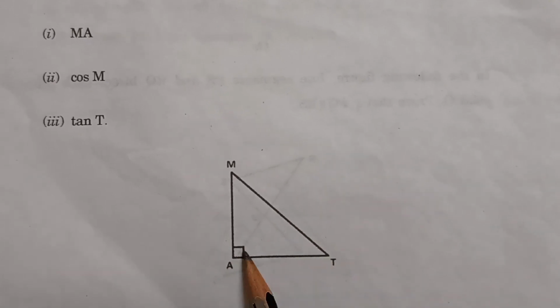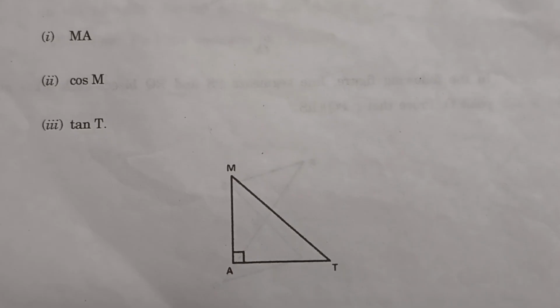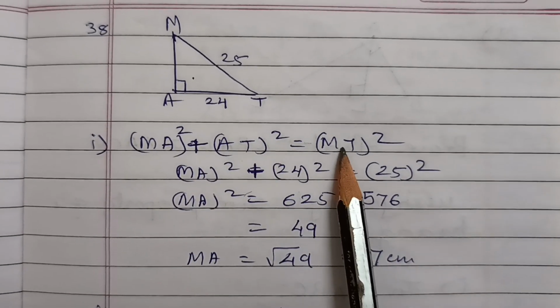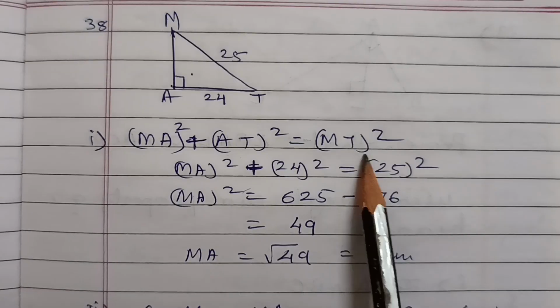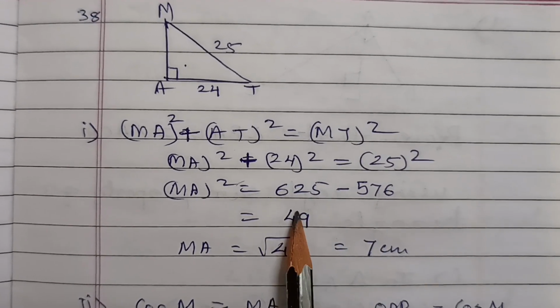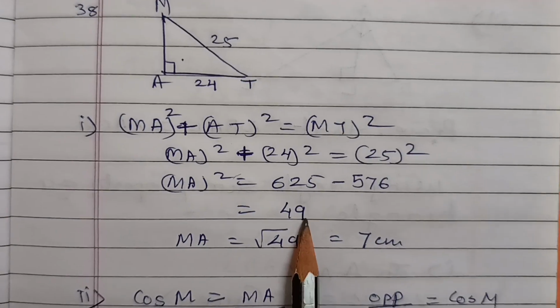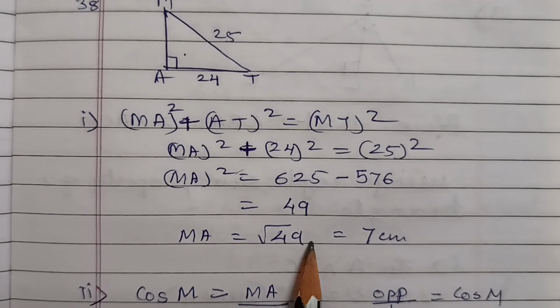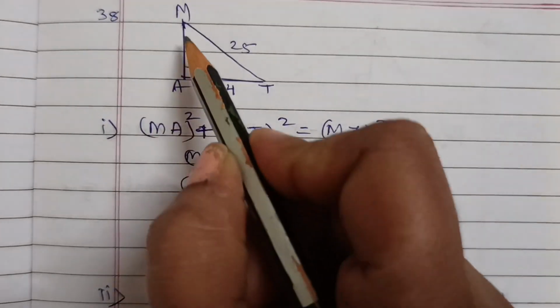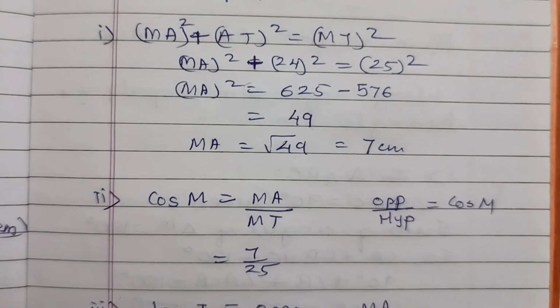The side opposite to the right angle is the hypotenuse. MA square plus AT square is equal to MT square by using the Pythagorean theorem. So substituting the values here, we are getting MA square is equal to 49. So MA is equal to root of 49, that is 7 centimeters. So the third side MA is 7 centimeters.